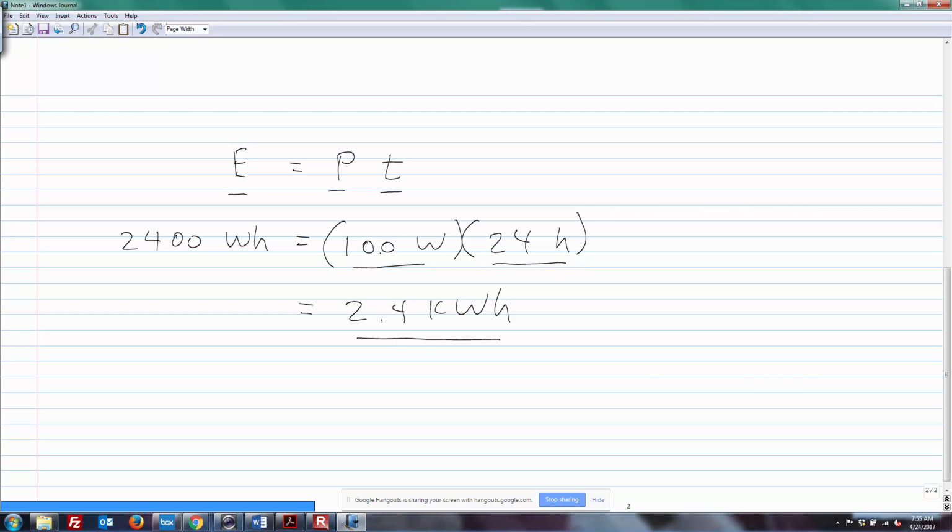If we multiply 100 watts by 24 hours, we get 2,400 watt hours, which equals 2.4 kilowatt hours, because 1,000 watts equals 1 kilowatt, or 1,000 watt hours equals 1 kilowatt hour.